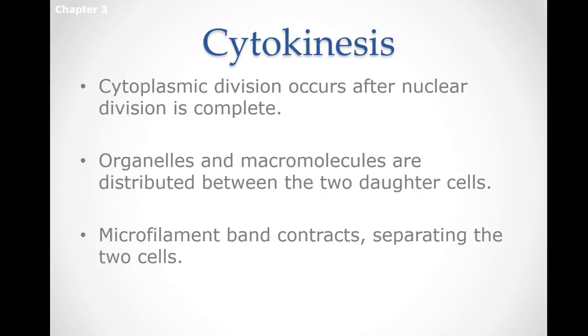And that pinching into two is technically a process called cytokinesis. And in cytokinesis, we divide the cytoplasm up between those two cells. And the organelles are sort of evenly distributed between what we're calling our two new daughter cells. So that terminology, daughter cells, is just the two cells that we end up with when we're done with mitosis.